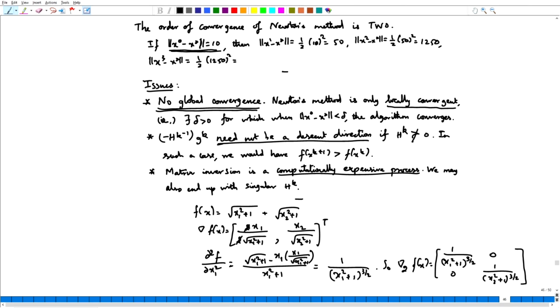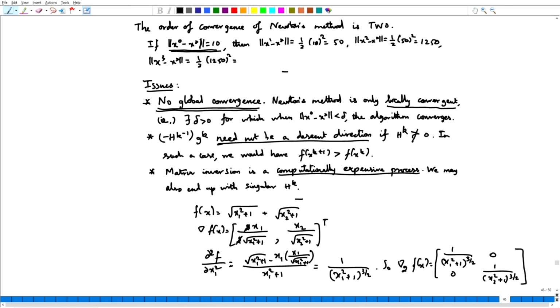So that is an example of this issue, that minus Hk inverse gk need not be a descent direction. And the third, computationally expensive, is something you can see by giving big matrices.